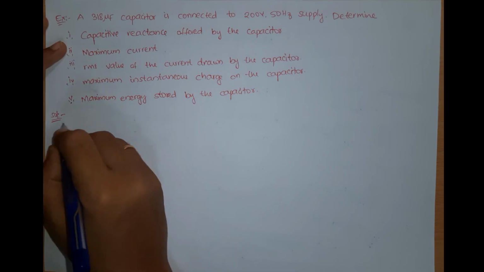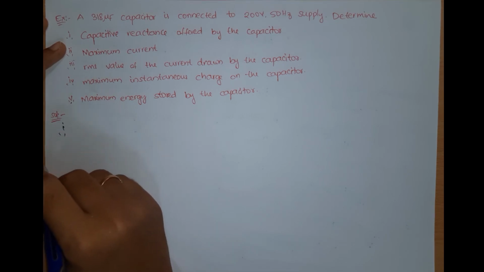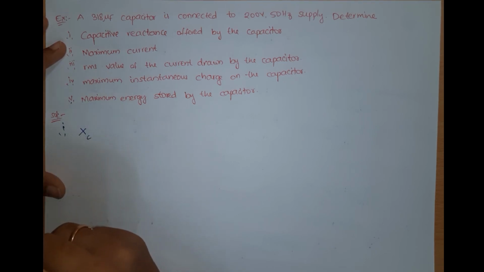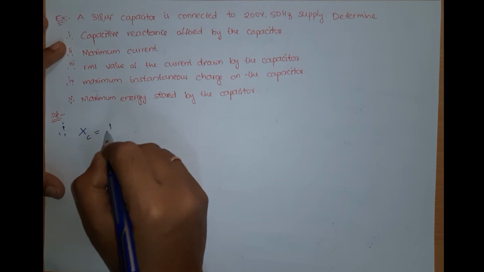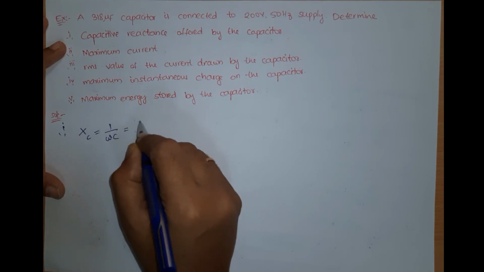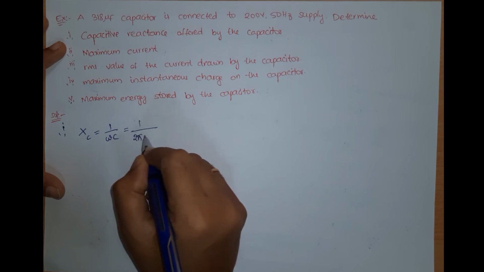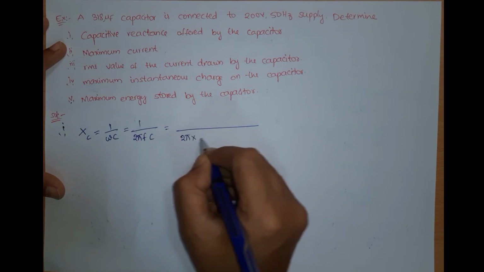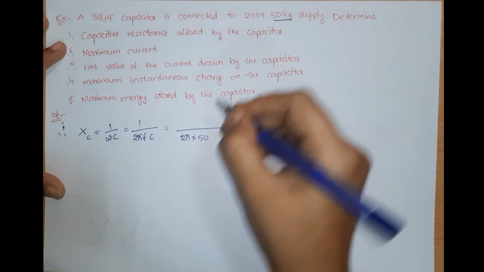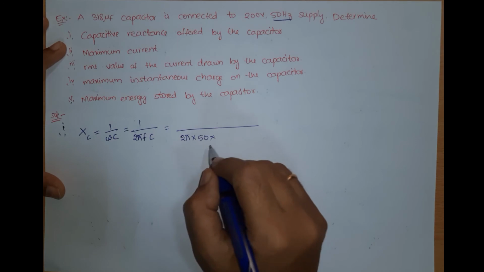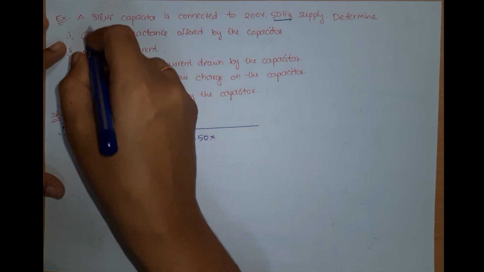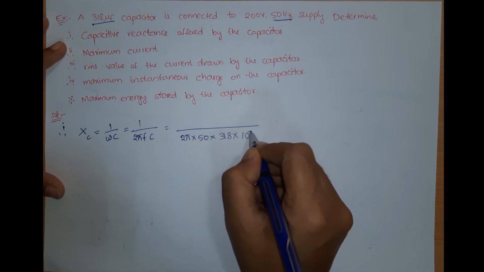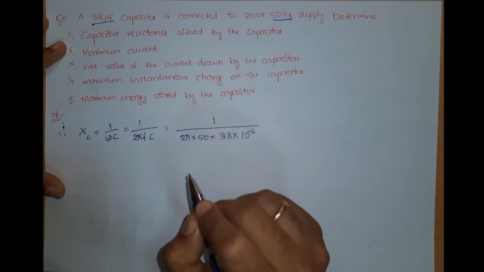So first one is the capacitive reactance offered by the capacitor. We have defined capacitive reactance as Xc, where Xc is 1 by omega C, where omega is 2 pi F. So if you substitute all the values, 2 pi, F is given as 50 Hz, and C is given as 318 into 10 power minus 6 farad, 1 by that.